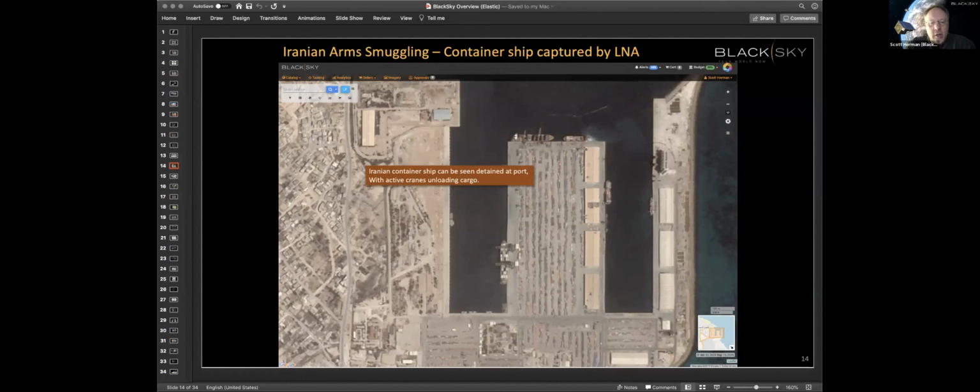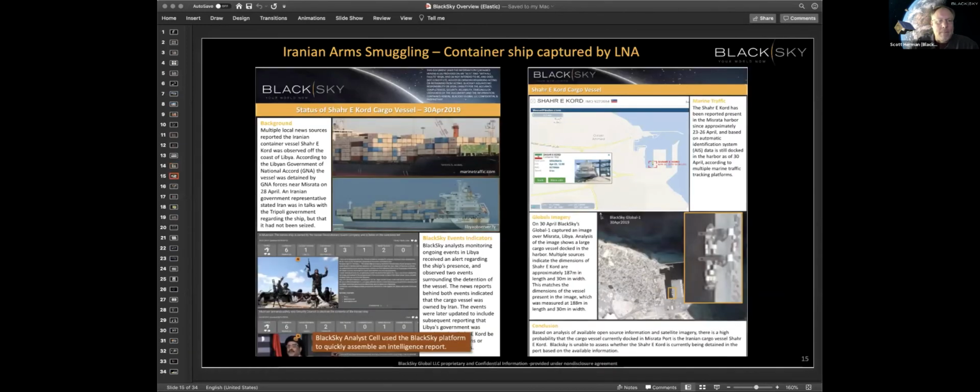And what we're seeing here in the center of the picture is that arms freighter being unloaded by those cranes. Those arms are likely to be used against the forces that actually were trying to buy and smuggle those in. And this is an example of a report that would be put together using all this different data.